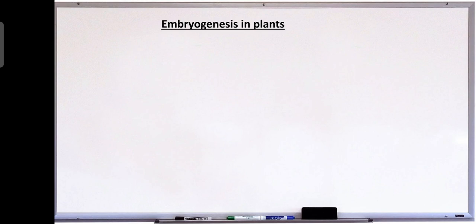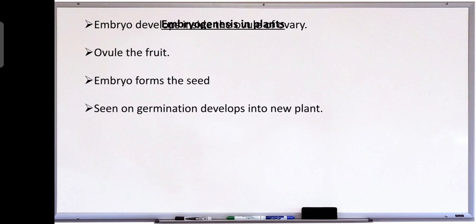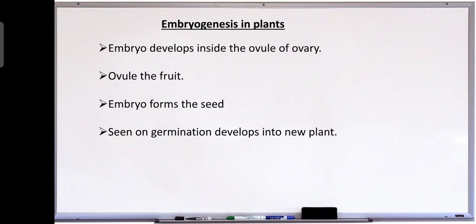This is how embryogenesis happens in a plant. Especially in the flowering plant, the embryo is formed inside the ovule of the ovary. Therefore, the embryo forms the seed, which on germination develops into a new plant, and the ovary develops into a fruit.